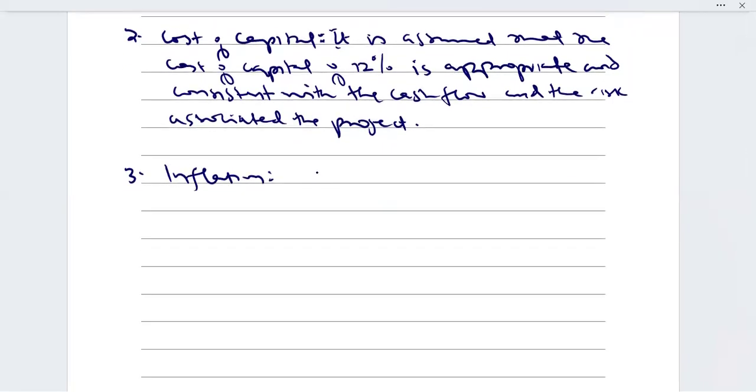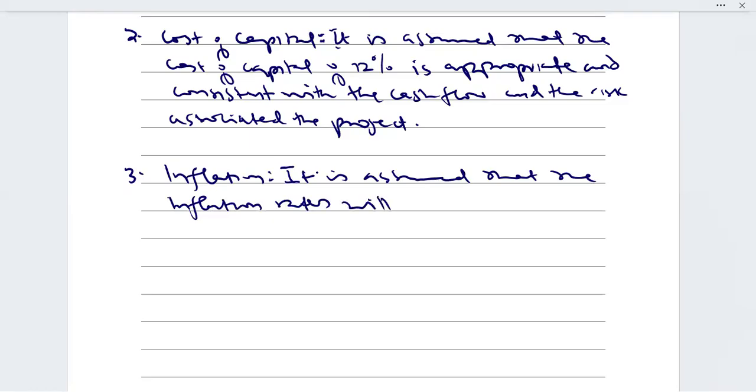It is assumed that the inflation rates will remain constant within the relevant range, that is, for the period under consideration.